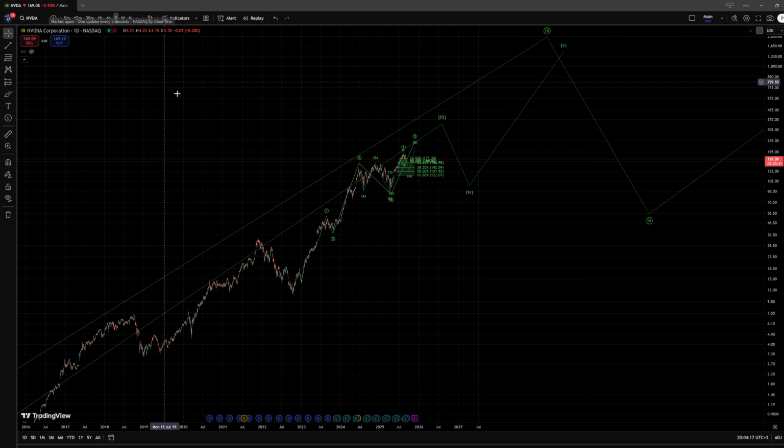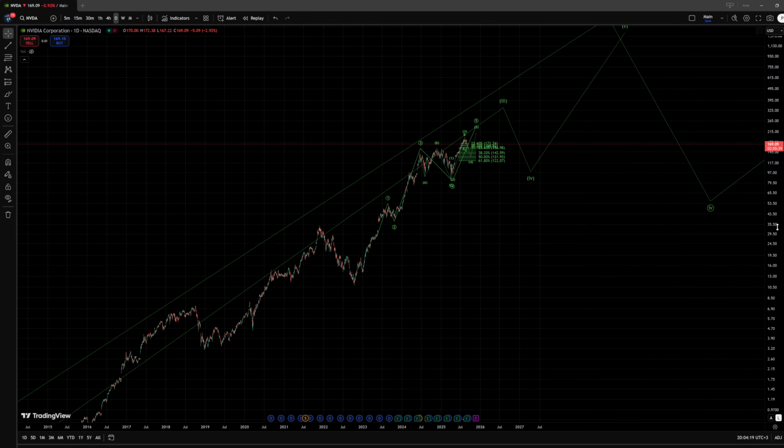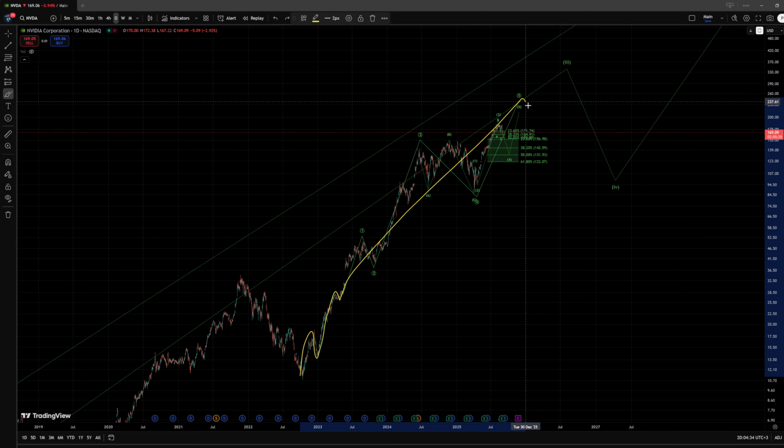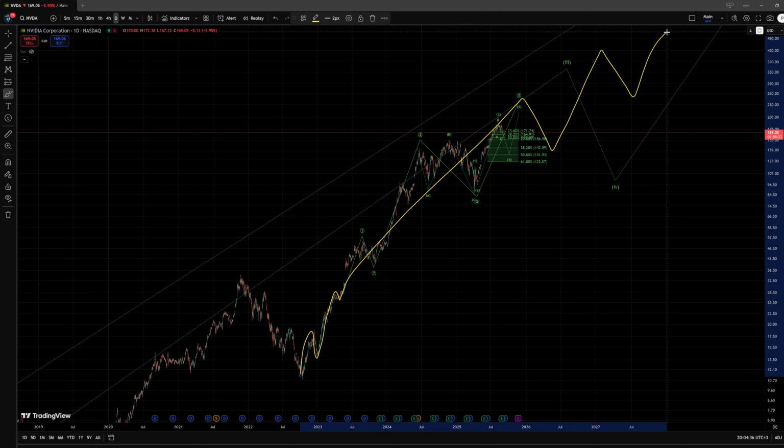And here in the shorter time frame I could see that within this movement to the upside we have a couple of 1-2 setups here. Could be very possible. Then this could be the third wave that is developing, then we could get a fourth and then a fifth and then another 4-5 pattern.